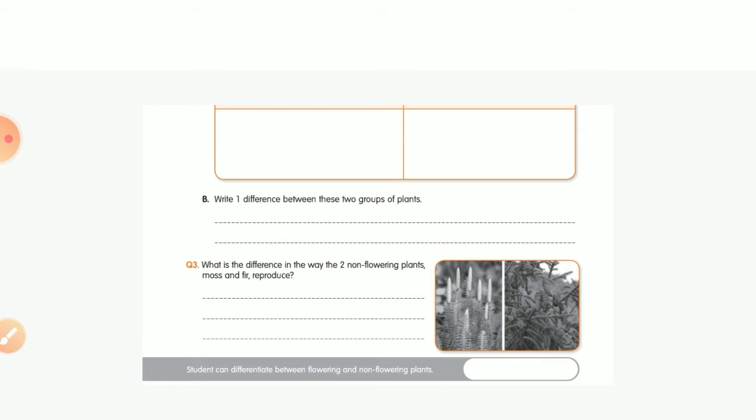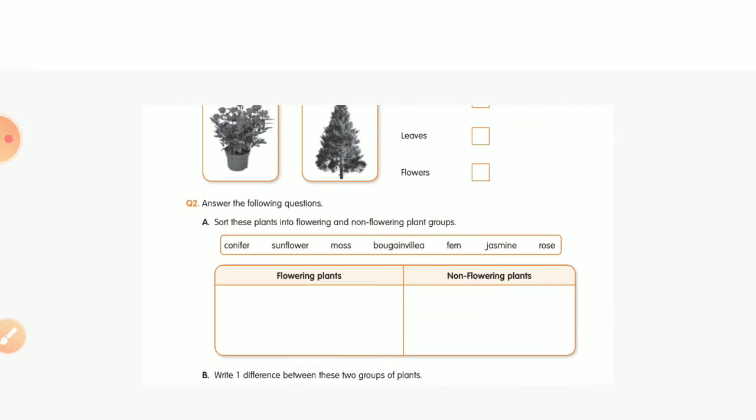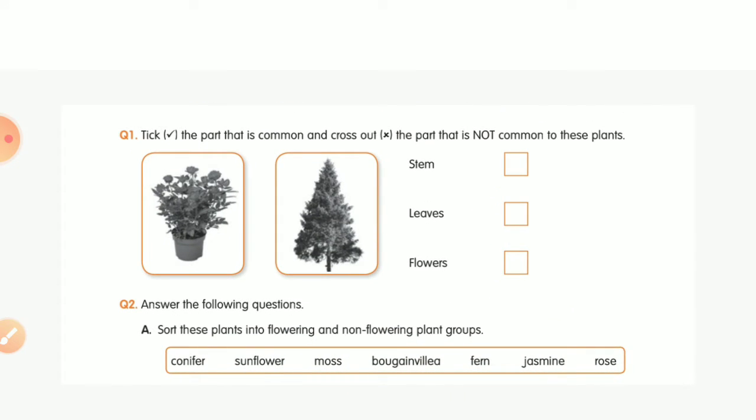In this volume book, when you see the first question, they are asking you to tick the part that is common and cross out the part that is not common in these two plants. So now they are asking to tick the common part that is present between these two plants and the different part.